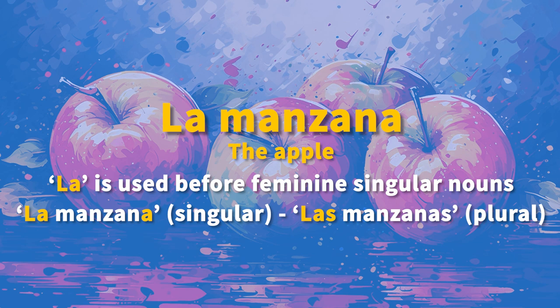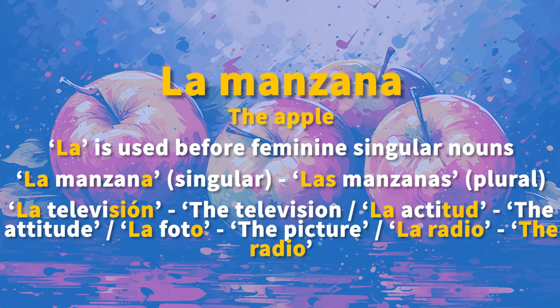So the plural of la manzana is las manzanas. All nouns that end in ción, sion, dad, tad, or tud are feminine, like la televisión, the television, or la actitud, the attitude. There are also a few feminine nouns ending with the letter O, like la foto, the picture, or la radio, the radio.